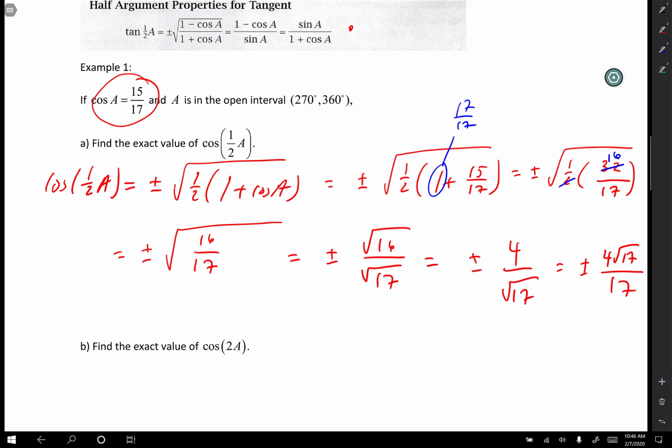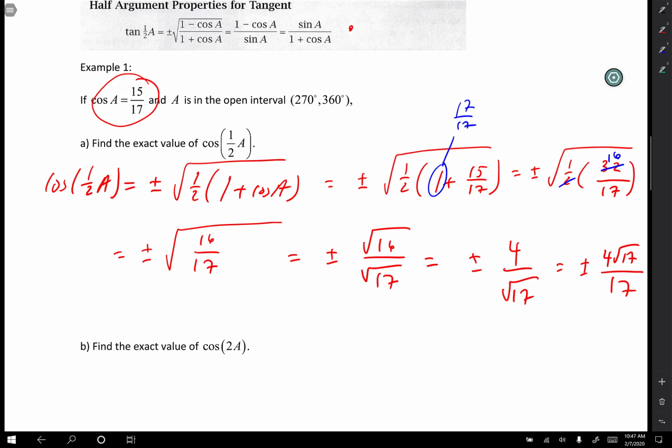Now here comes the moment of truth. Is this positive or is this negative? This answer can't be both. It has to be one. You think it's positive?